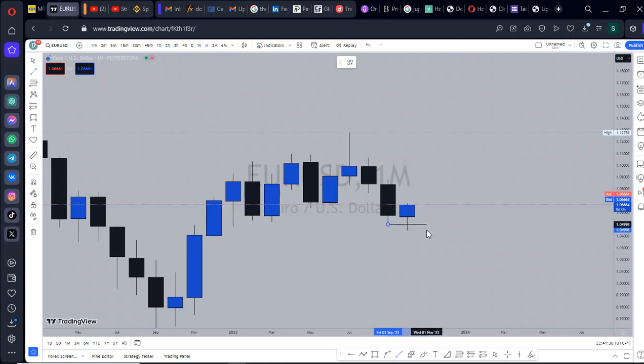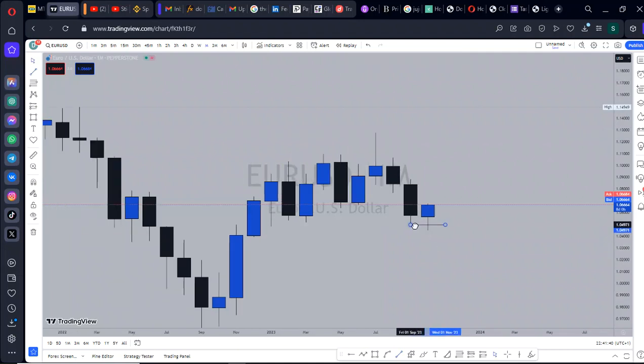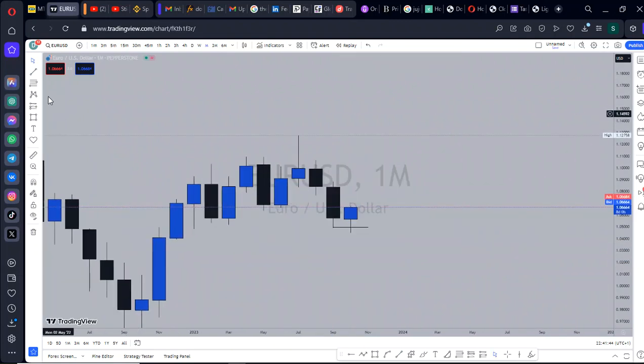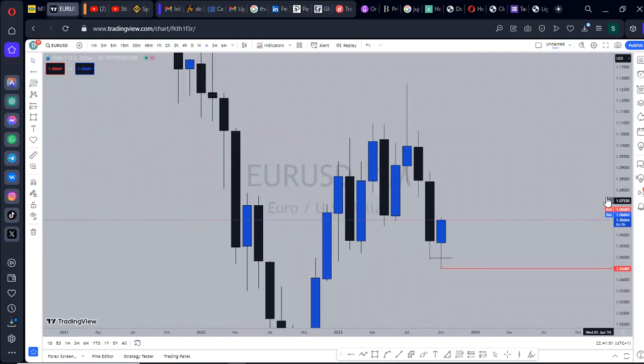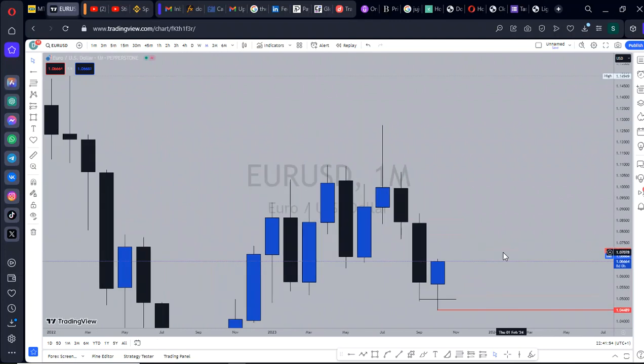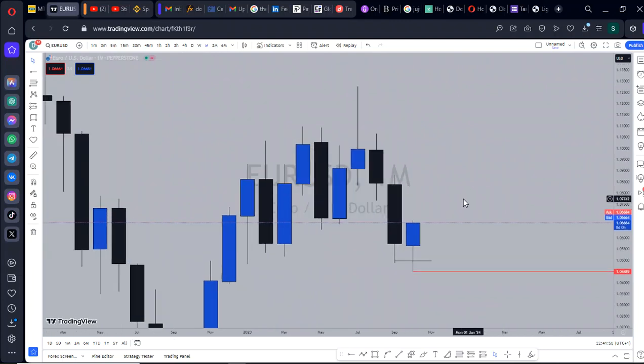If you remember on my Facebook page, I said that since October low has been protected and price is refusing to go below that low, I'm expecting EURUSD to be strong, looking for a bullish structure and targeting this high right here.